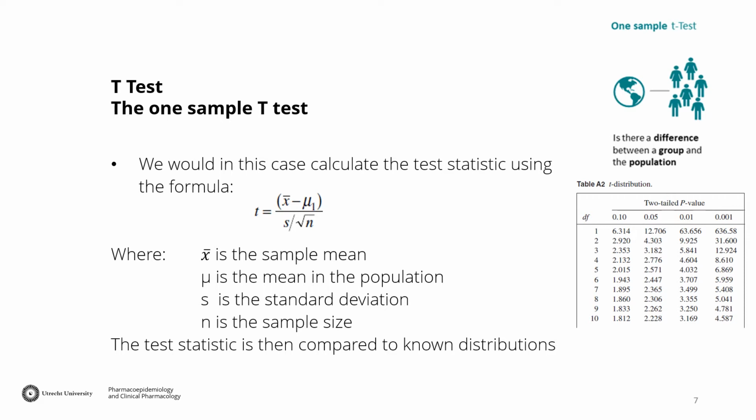Following that, we have columns of different p-values with the different test statistic values underneath. So basically, you take your test statistic that you calculated and compare it to the same number of degrees of freedom, and then you see what p-value you would get from that.